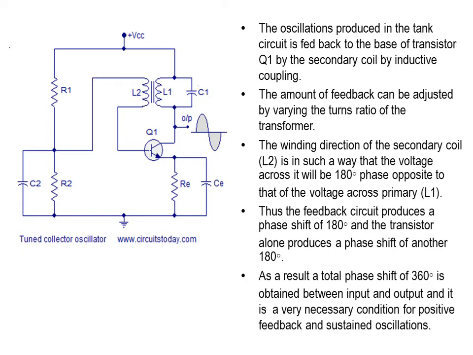The input is base and emitter, between which we have L2, R2 and RE. So it is actually the voltage developed across L2 which is provided between base and emitter. Obviously between base and emitter it is provided through R2 and RE, but basically the voltage that we are giving back to the input of this common emitter amplifier portion is the voltage that is developed across L2.